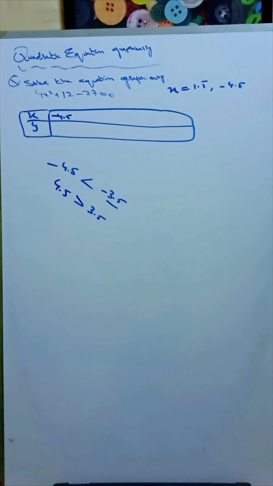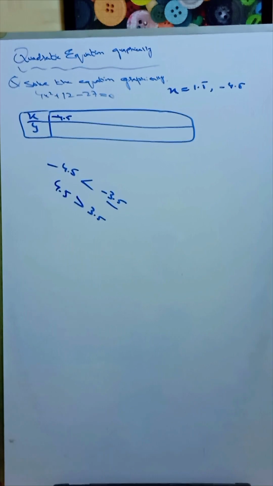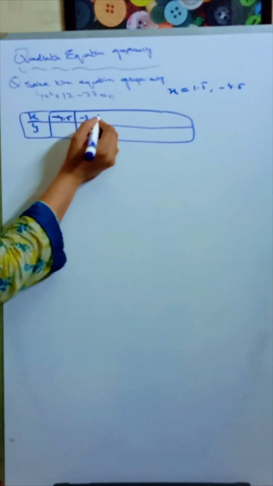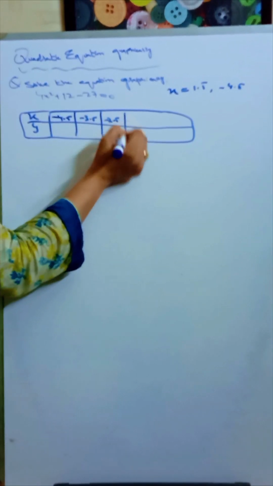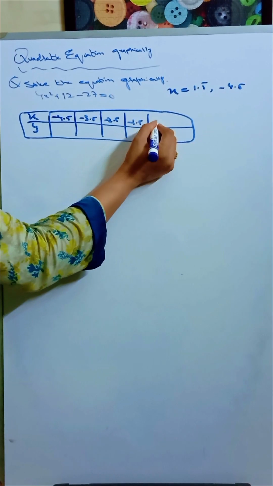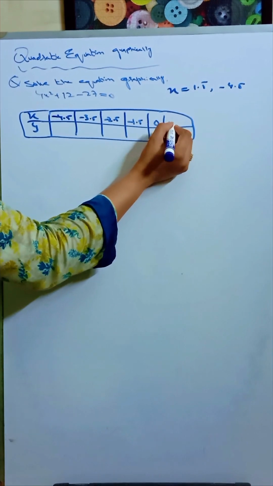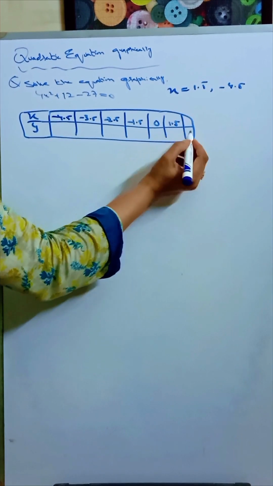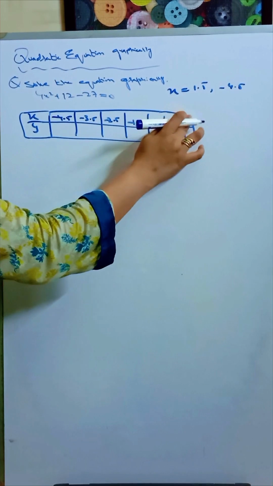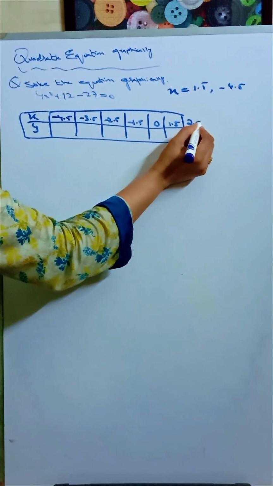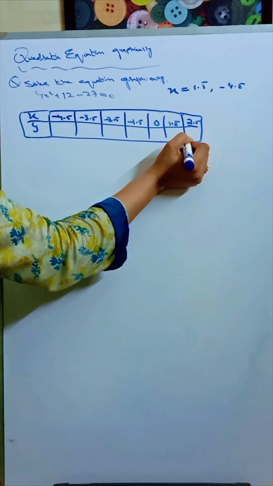This is the main point. Don't forget, you must know it. Alright, minus 3.5, minus 2.5, minus 1.5, 0, 1.5, and the last one is, according to my point of view, 2.5. Just for remembrance.